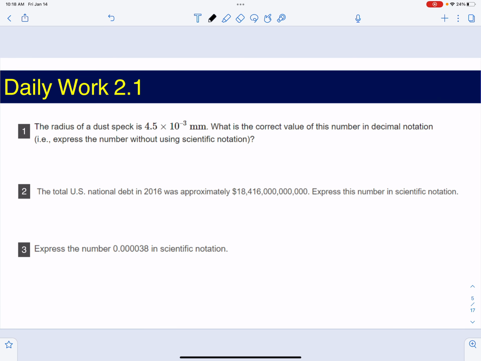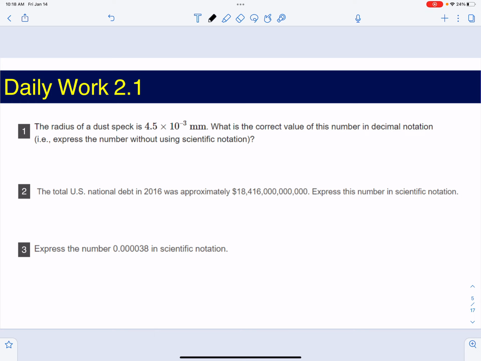And this is your first daily work. Once more, at this point, you pull out a piece of paper, you put DW 2.1, it has to be labeled, and you put the answers in there. You can write the problem if you want to, or you can just put the answers as long as you show me your work.